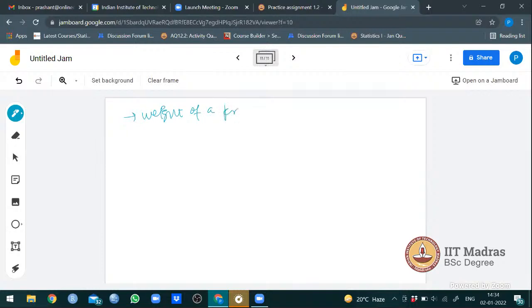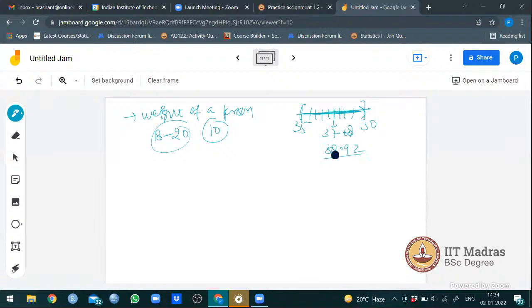Suppose there is an age group of 18 to 20. Generally weight will be around 35 to 50. So the weight of 10 people can take any value in this interval. It can be 37.68, 38.92, like this. Okay, sir, understood.